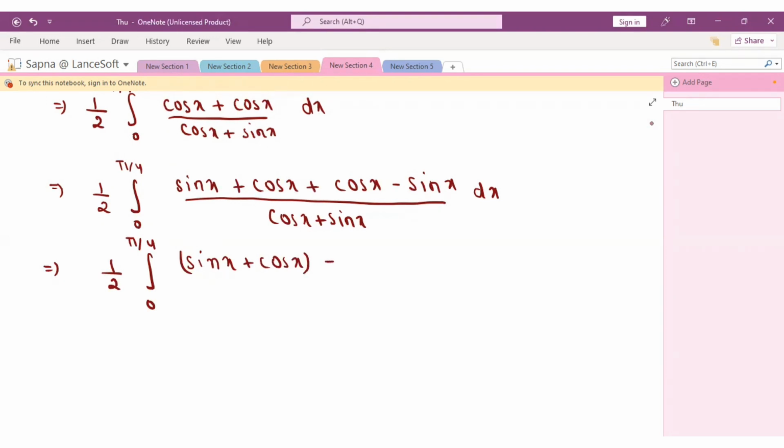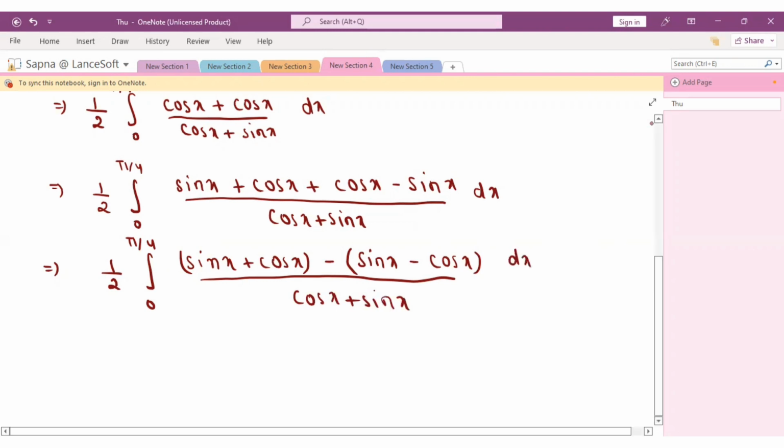In the numerator I'm just writing minus and then writing everything inside the bracket. So sin x, and of course we have plus cos x, but because I'm writing in a bracket and we have a minus sign outside, plus cos x will become minus cos x, and then upon cos x plus sin x dx.